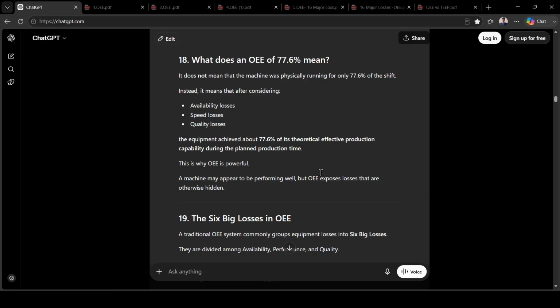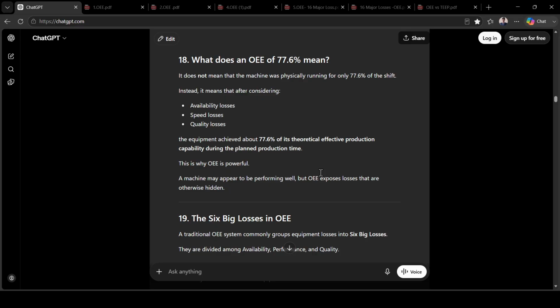Instead it means that after considering availability losses, speed losses, and quality losses, the equipment achieved about 77.6 percent of the theoretical effective production capability during the planned production time. So this is why OEE is powerful. A machine may appear to be performing well, but OEE exposes losses that are otherwise hidden.